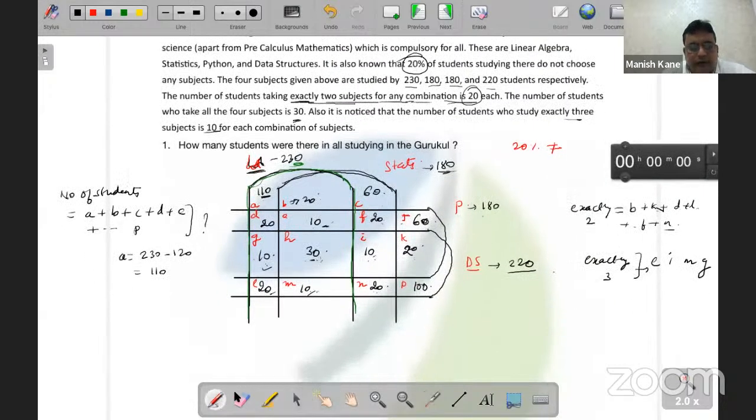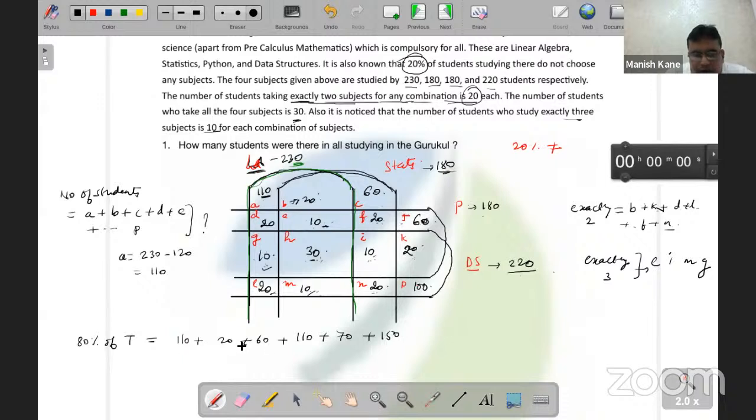Now what do you get? You simply have to add up all the numbers and you will get 80% of the total. 80% of total is equal to 110 plus 20 plus 60, and I'll just add up all the numbers in each row: 30, 20, 50 plus 60, 110, 40, 10, 50, 20, 70, 30, 20, 50, 150.